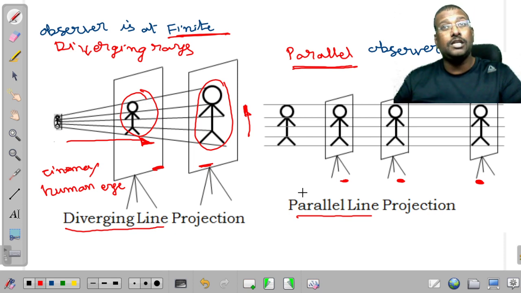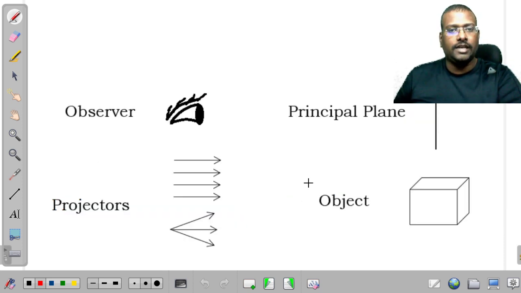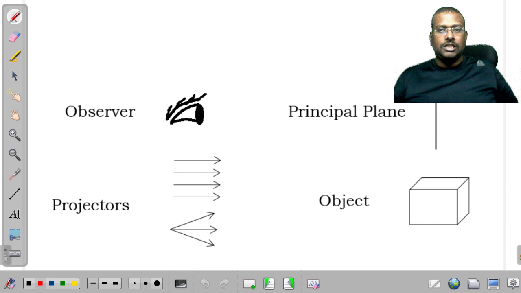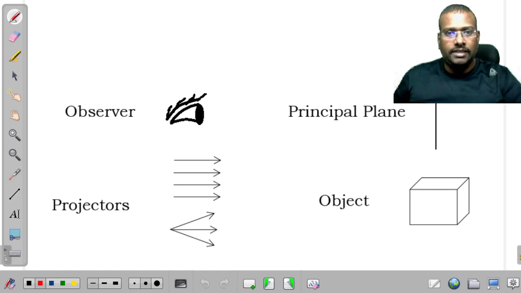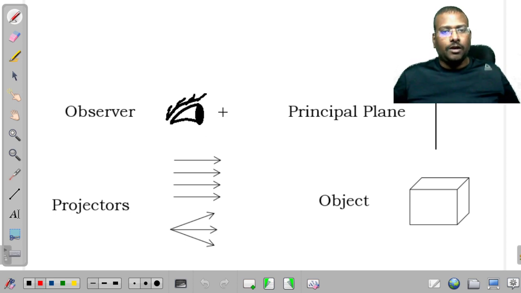In this, some other divisions are also there that we will learn. In order to know that, I am going to consider this particular terminology. Observer or source of light, I am going to mention in the next slides as the eye of an observer, or some books show it as a bulb.